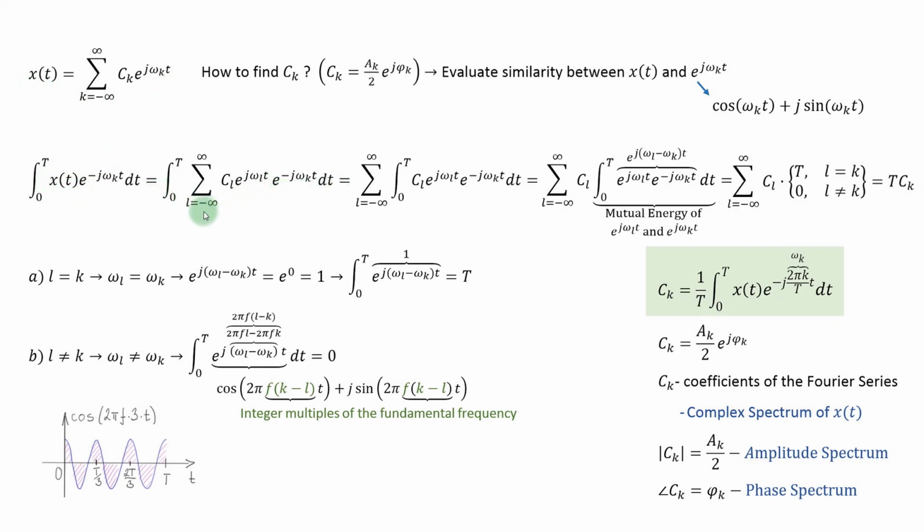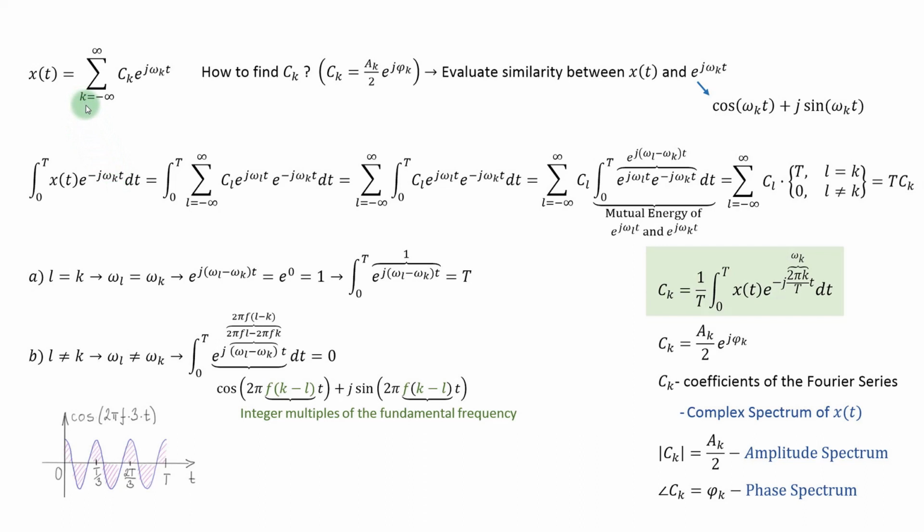In this expression, I would point out that whilst in here I was using k as the index I was summing over, here I changed that index k into letter L. The reason is that this k is completely different from this k. This value can be completely different from this value.